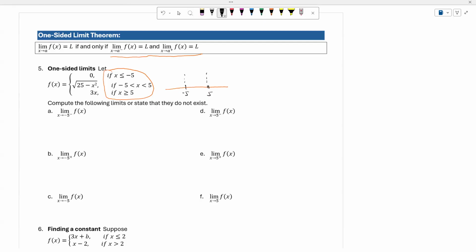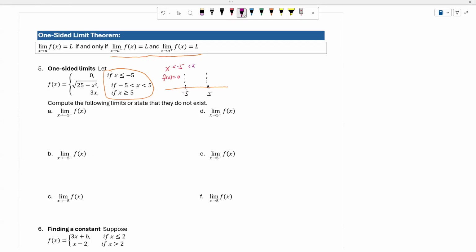Then how do we actually work out this problem? First of all, you have to understand that when x is less than -5, the function that you have is f of x equal to 0.